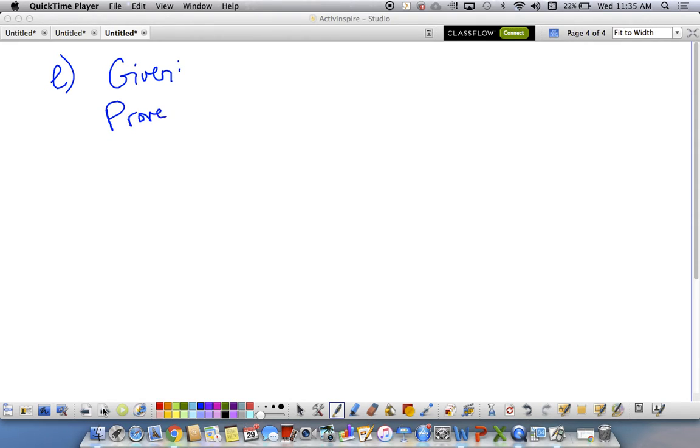And what do I want to prove? So there's two lines that are parallel. This goes this way. There's an angle 4 and angle 6. These are parallel. Okay, that's kind of how we start. That's still a good way to start a proof.